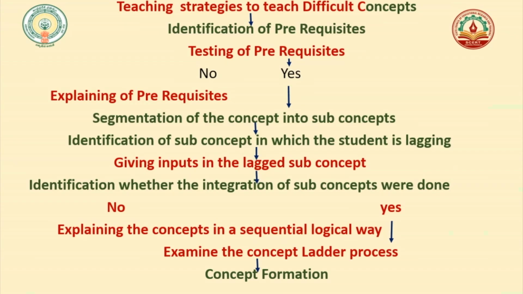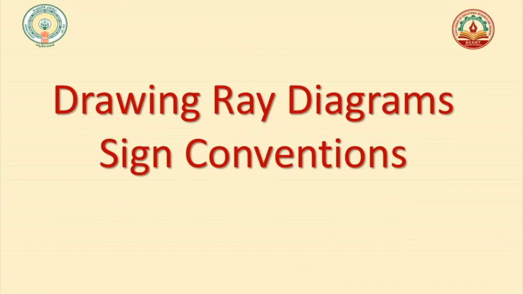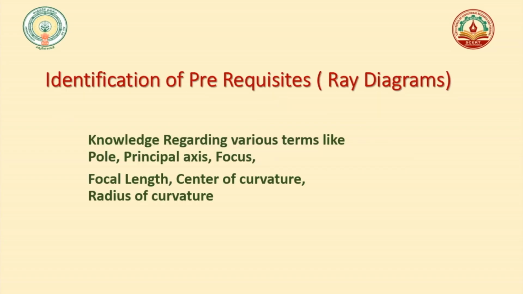So let us discuss the teaching strategies to teach a difficult concept in an easy way. I have taken drawing ray diagram sign conventions as the demo of how to teach a difficult concept. I identified some prerequisites like knowledge of various terms like pole, principal axis, focus, focal length, center of curvature, radius of curvature, and the Fermat principle.